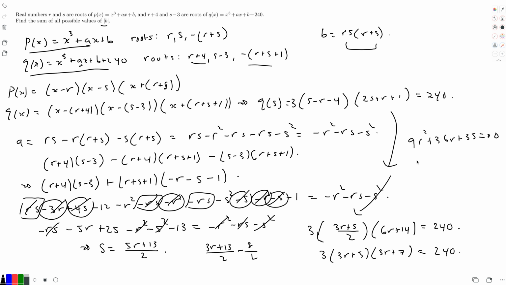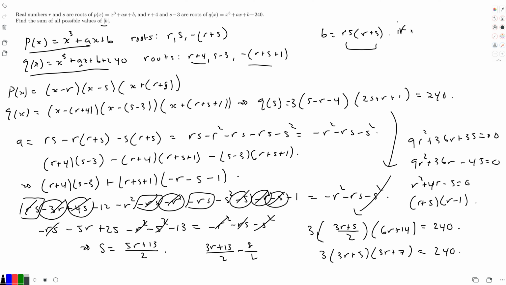Bring everything to one side to get 9r squared plus 36r minus 45 is equal to 0. And then divide by 9 to get r squared plus 4r minus 5 is equal to 0. So a very nice quadratic, and this can factor as r plus 5 times r minus 1. So r is equal to negative 5 or r is equal to 1.